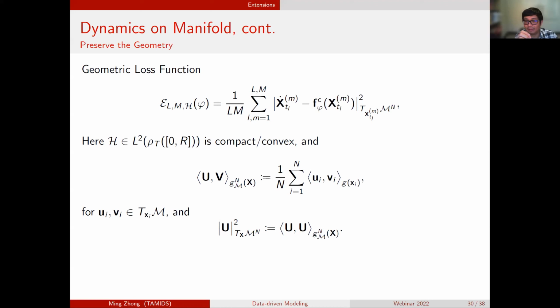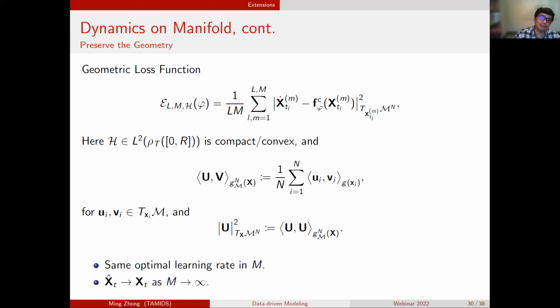Okay, and everything, because they live in a manifold, we need to respect the geometric properties of that manifold. So we're going to design our loss function based on this tangent space norm of this manifold. And once we do that, then we will still get back the same Euclidean learning rate. Okay, as long as we respect that geometry.